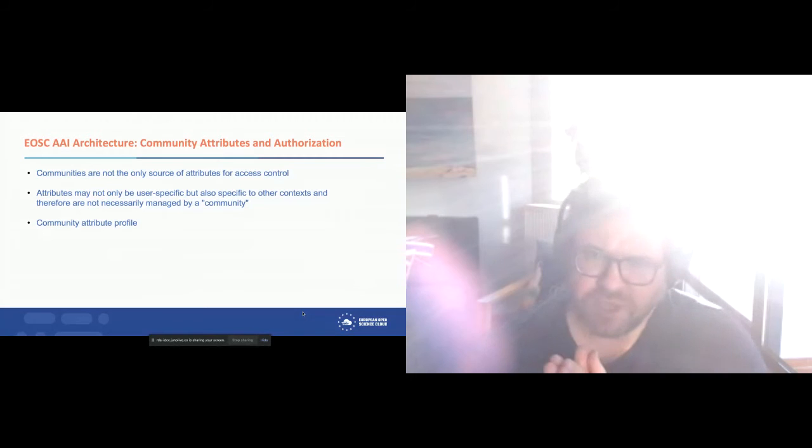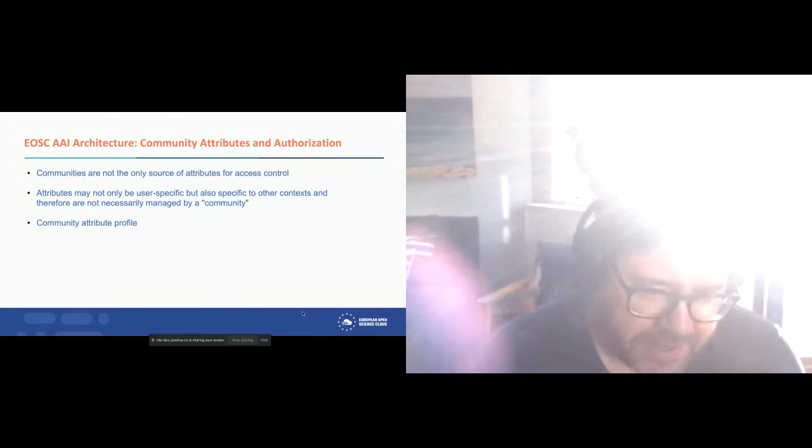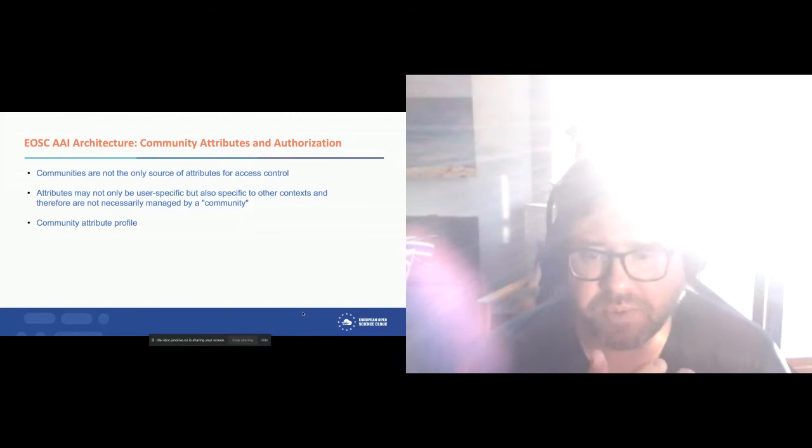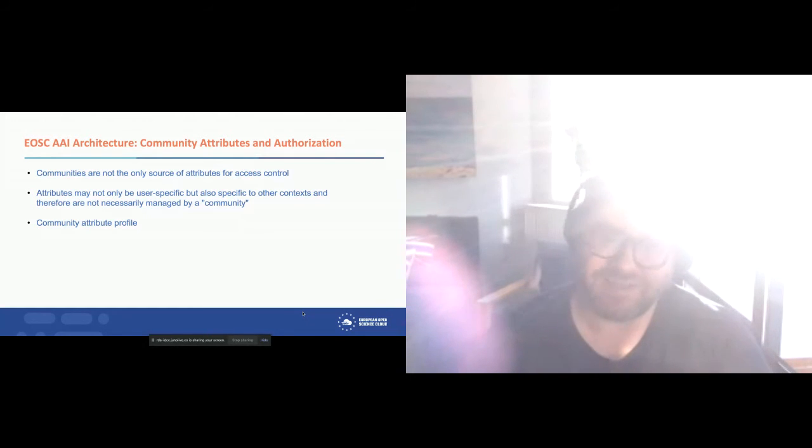So in terms of the community attributes and authorization, it is important to understand that the basis of the ARC blueprint architecture and also of access to the European Open Science Cloud is the research collaboration. But we need to understand that the collaborations, the communities, are not the only source of attributes for access control. There are many different things at play.